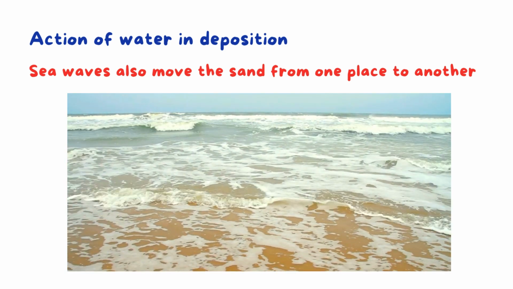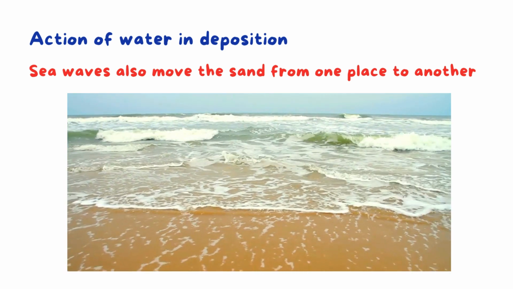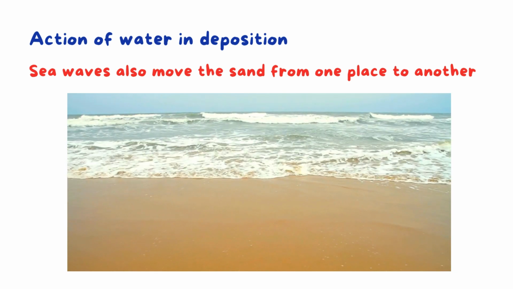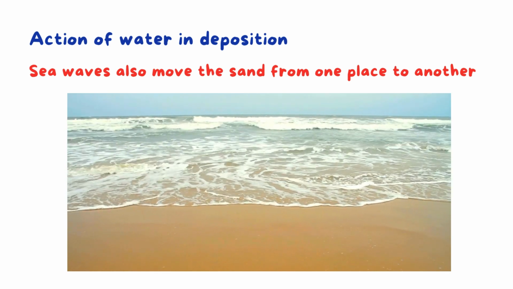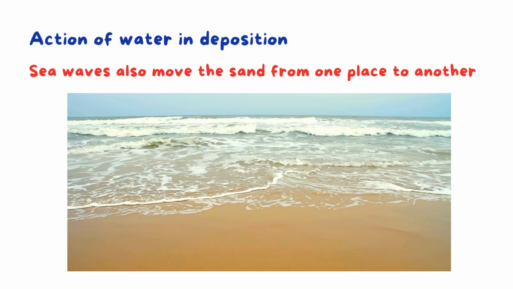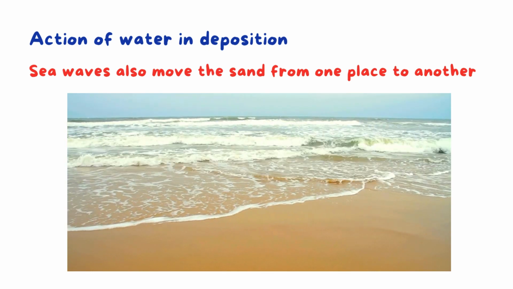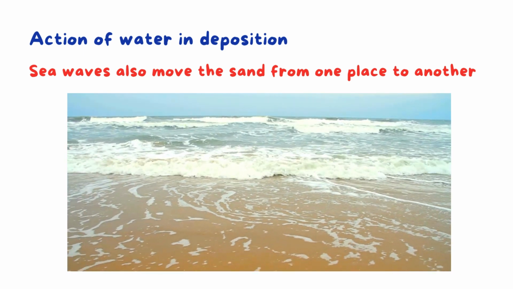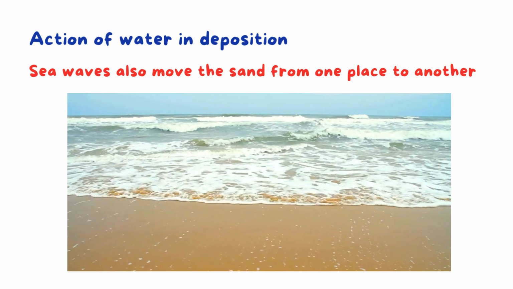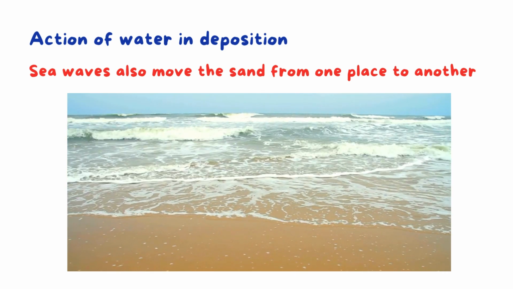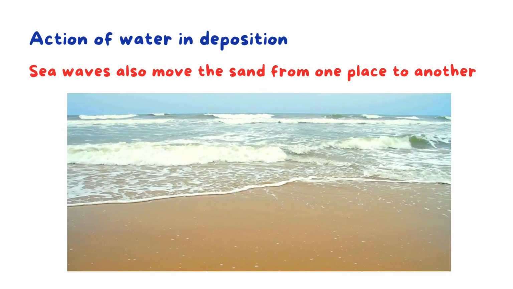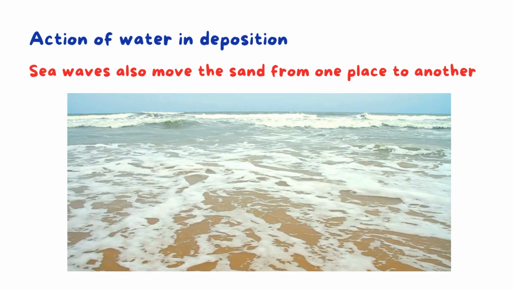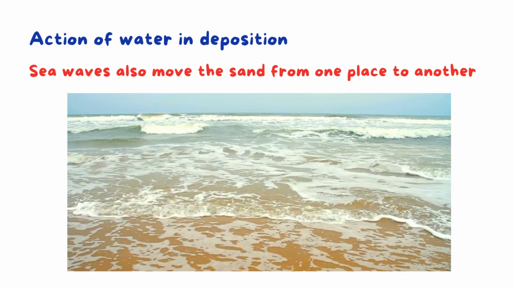So now we finish the action of water, whether it is the river forming a delta, or the river carrying the sediments along the sandbar on the banks of the river, or the sea waves that move the sand from the beach to another place, where it can settle at the bottom of the sea.